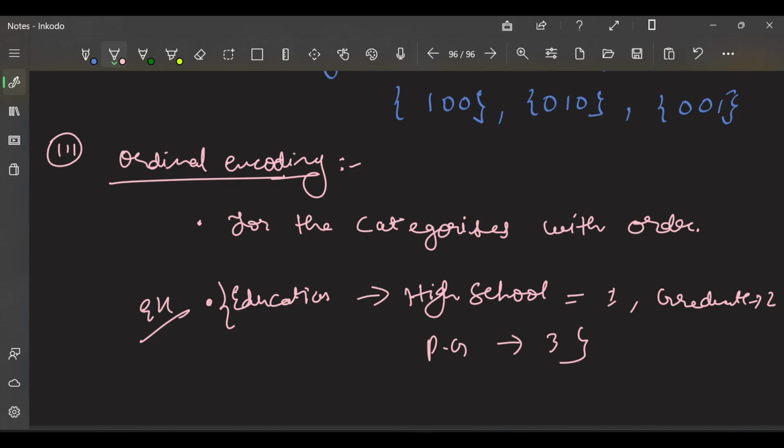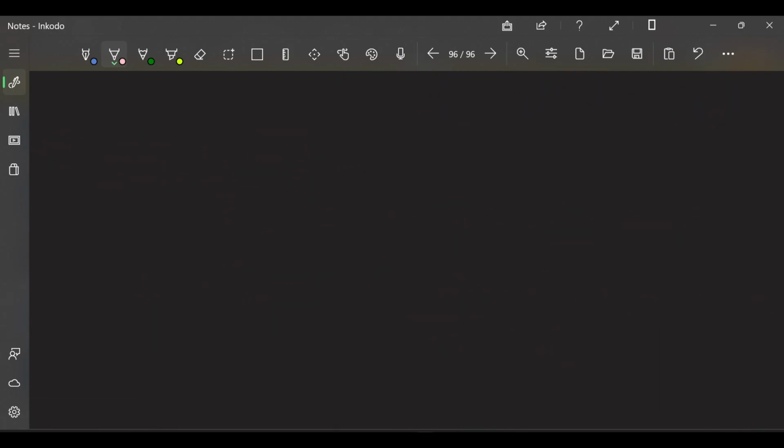And the last one is frequency or target encoding.